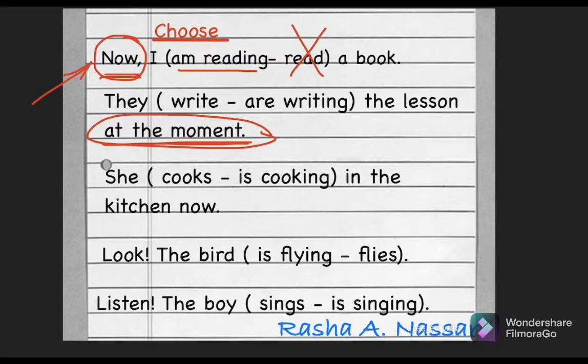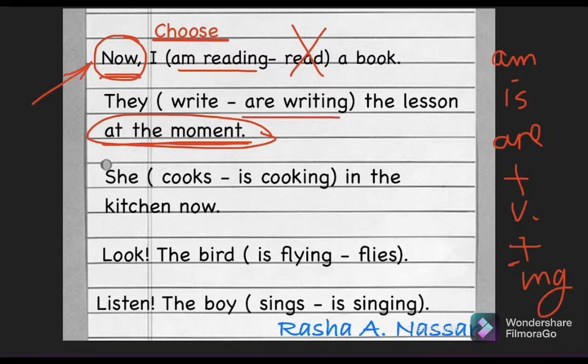It consists of am or is or are plus verb plus ing. So here I will use they are writing the lesson at the moment.